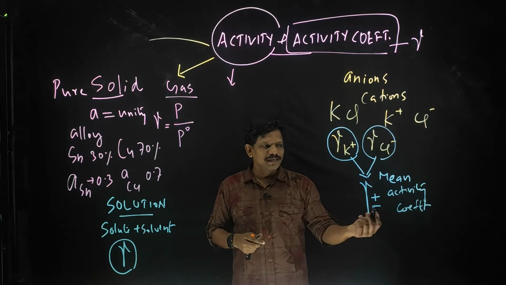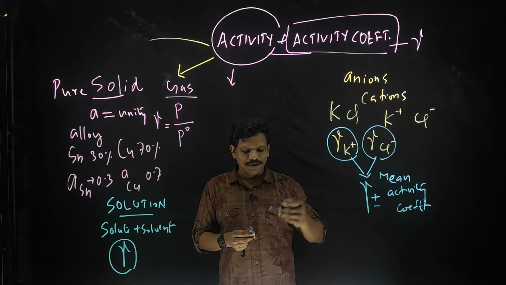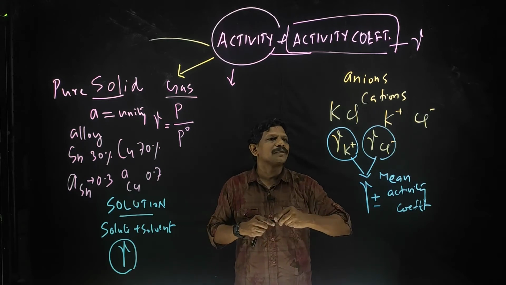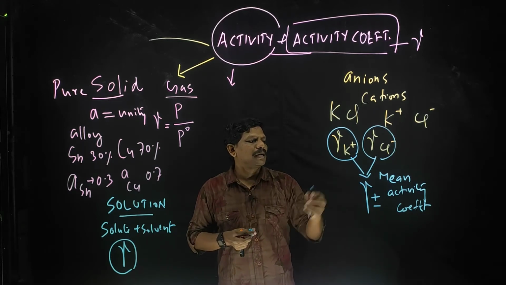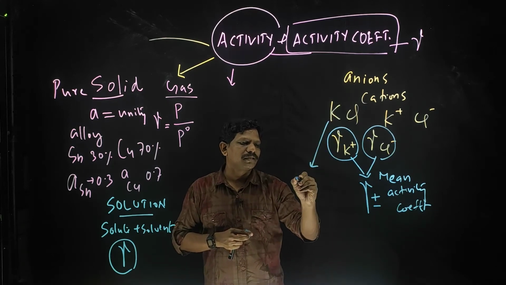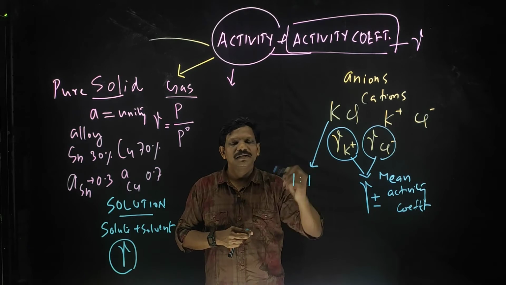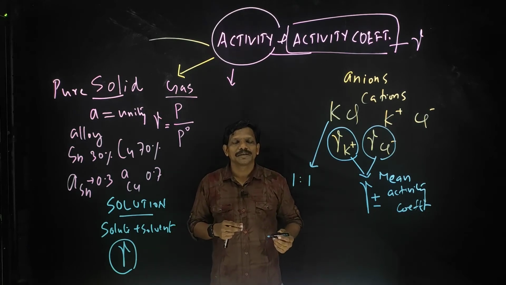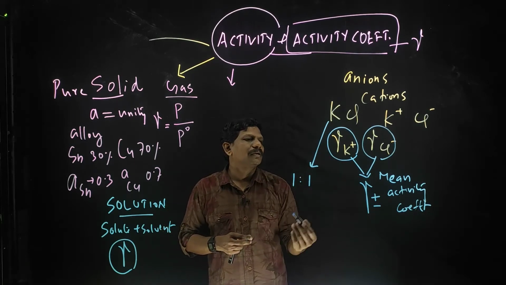It is geometrically a geometric mean. You can find it mathematically like this. I told you that we are considering KCl, which is a 1:1 system.